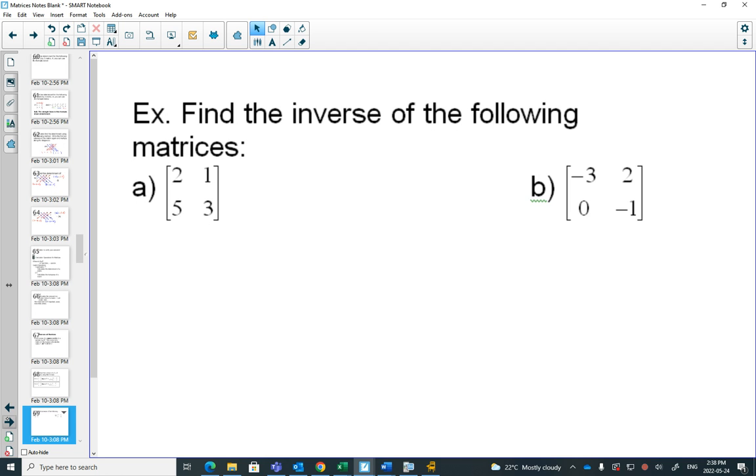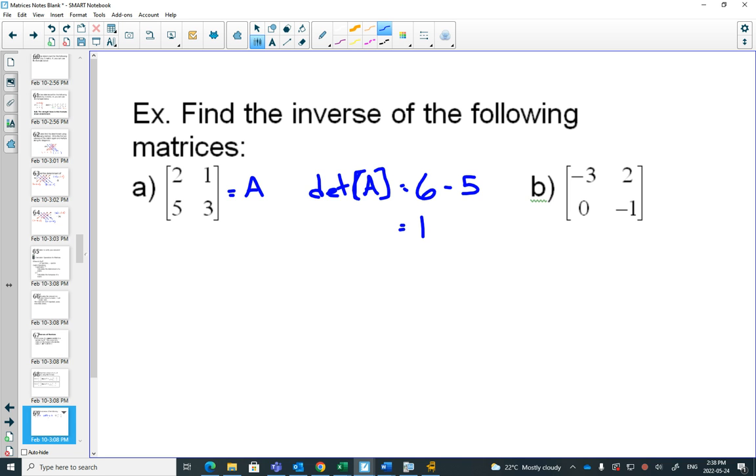Just for fun, if we were just calculating this out using the formula, let's say I call this matrix A, then the determinant of matrix A would be 6 minus 5, which is 1.